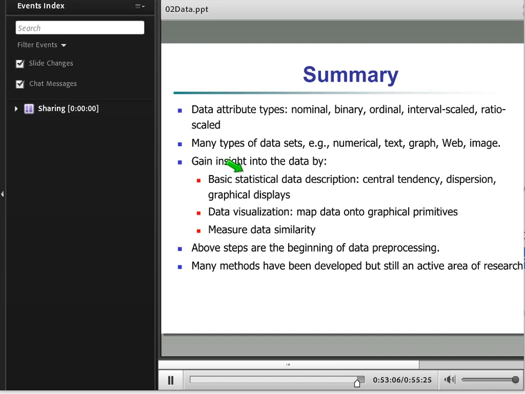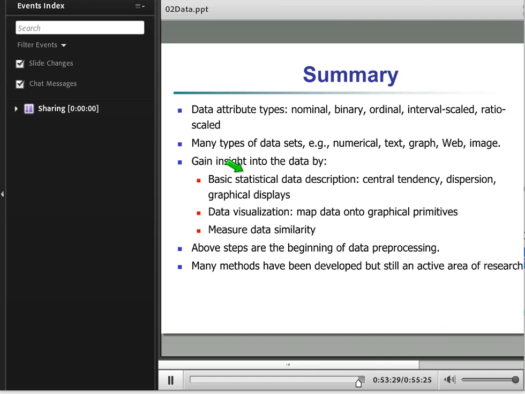But before the next session, in the LMS, I will upload an assignment. I will give you a link to a data set, and I will ask you to analyze the data set.